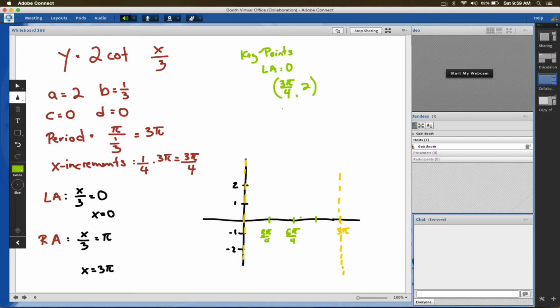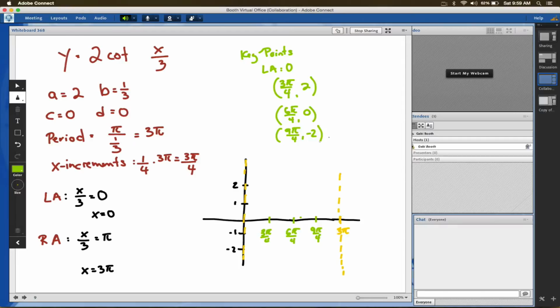So at 6 pi over 4, the cotangent is 0. And then I add another 3 pi over 4, that gives me 9 pi over 4. And at 9 pi over 4, I have -2 as my point.